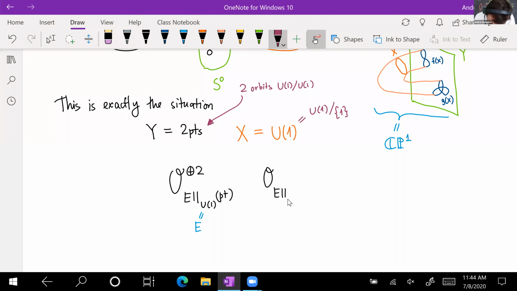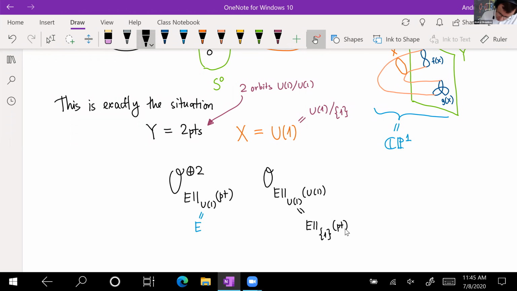Let me write it still here. So that's the U1 of U1. Like I said, the stabilizer here is the identity group. So this would be the elliptic homology of the trivial subgroup of a point.